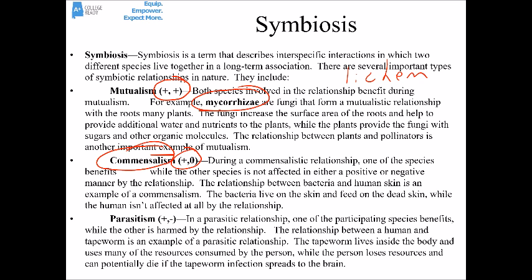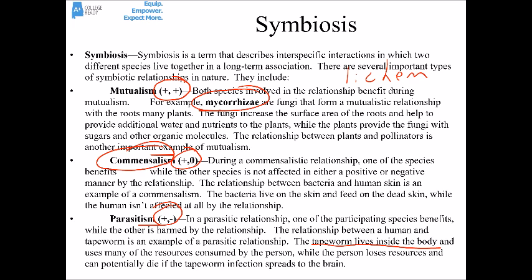That's commensalism. Parasitism is a plus-minus relationship. Positive because the parasite gets a positive impact, negative because the host is harmed by the relationship. A good example of a parasitic relationship is the tapeworm that lives inside the human body. While in the intestines, where it mostly lives, it absorbs nutrients.